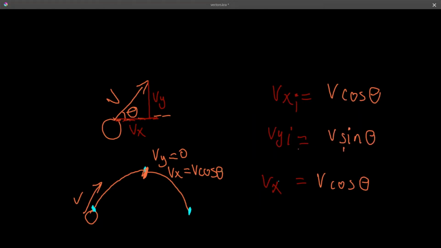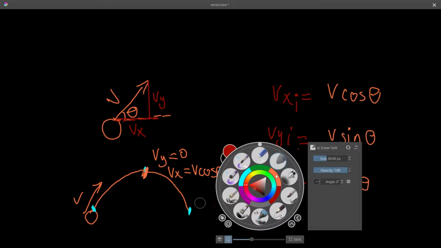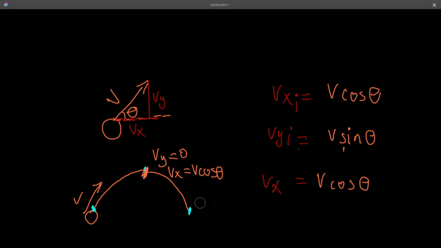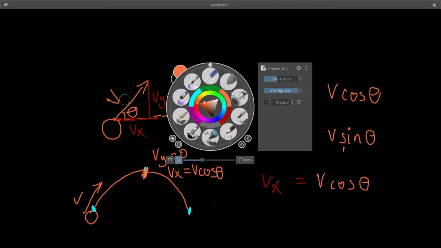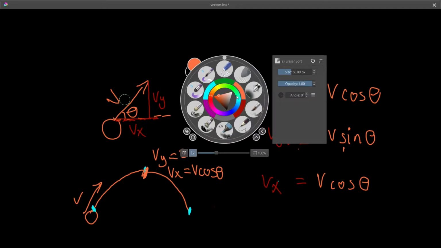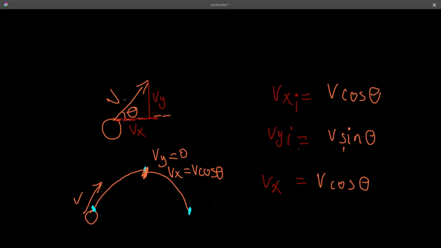And another thing that you have to know is that if I wanted to find out the final speed of the object, right, if this is V initial, and I wanted to find the V here, which would look something like this, this is like V final.